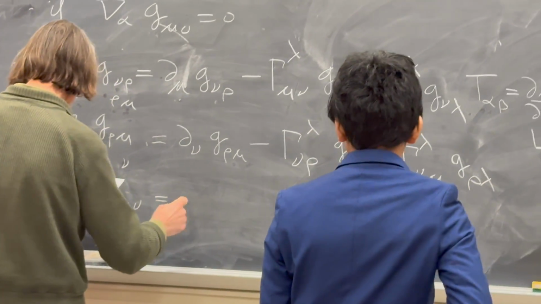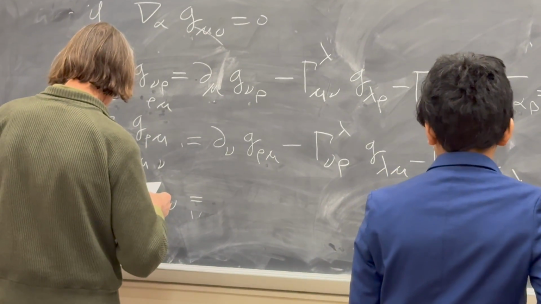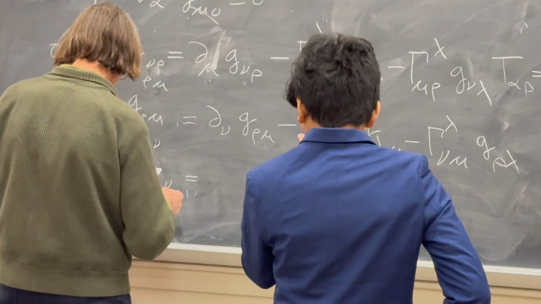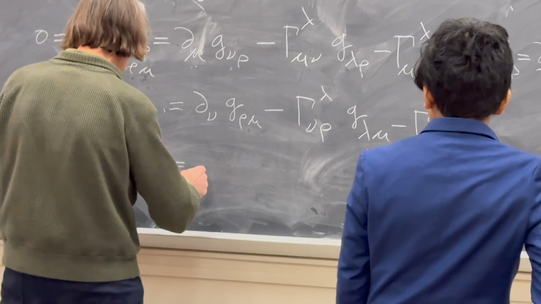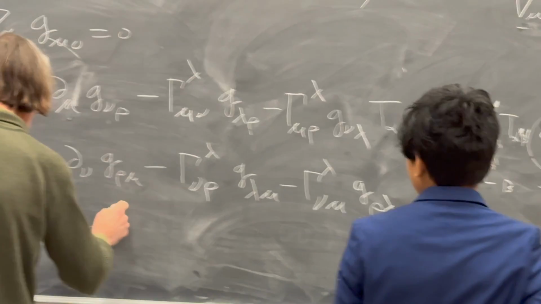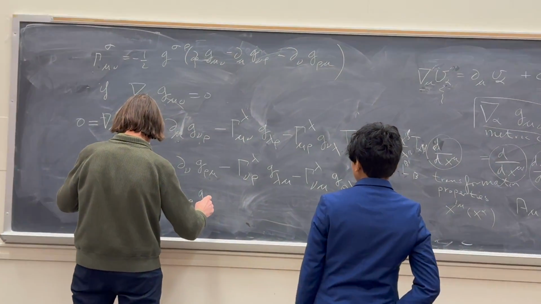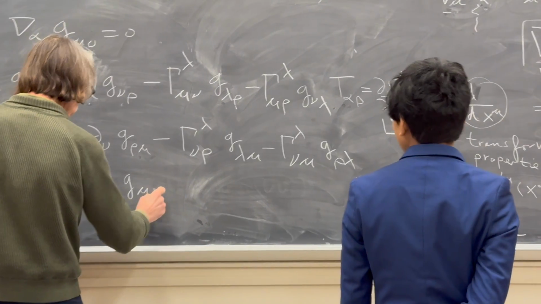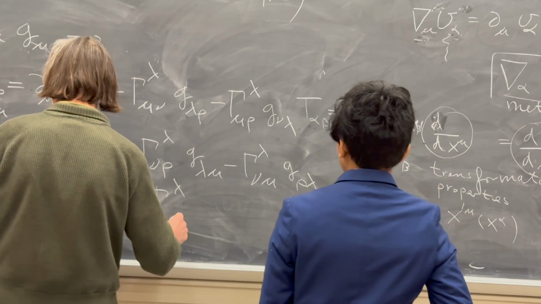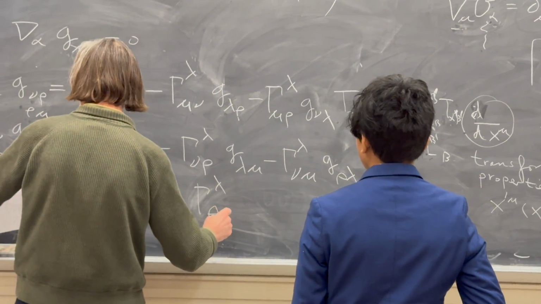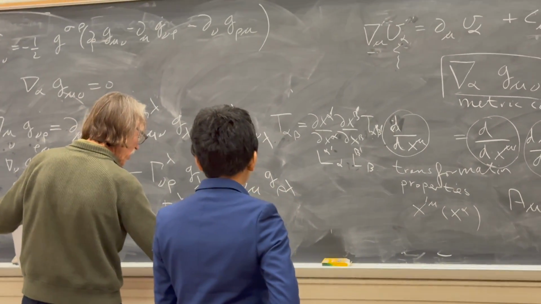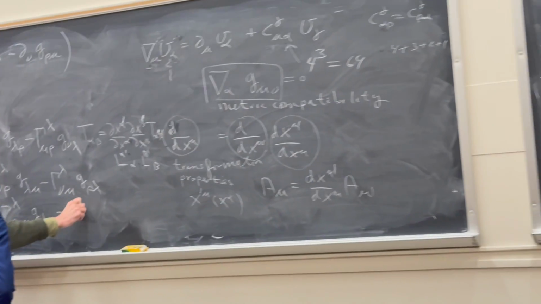Is equal to: the nu becomes a rho, so that's a rho. G, the rho becomes a mu, and the mu became a nu, minus gamma lambda. The nu becomes a rho, the rho becomes a mu, times G lambda nu, minus gamma lambda.